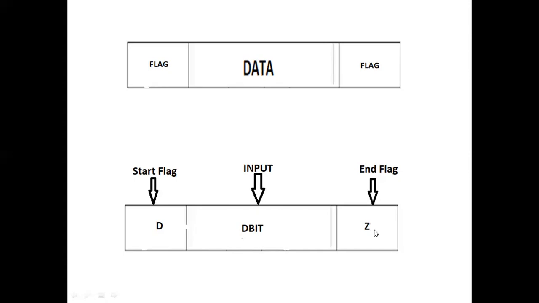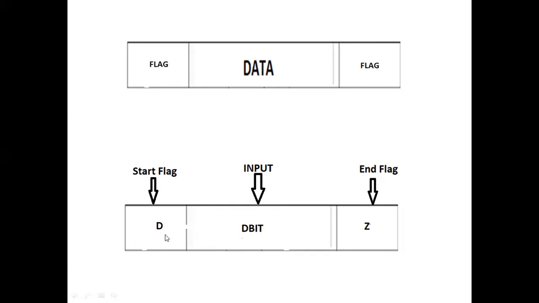The question is, what if the characters of the start flag and the end flag become part of the data itself, the character data that you are transmitting? As you can see, there is a D over here and I put the input as D B 80, and at the beginning of this frame the D is repeated twice.